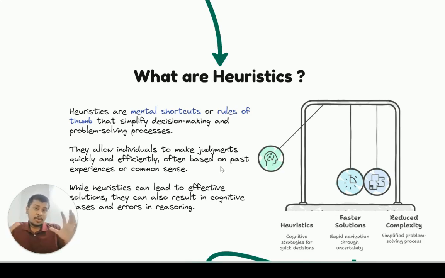They simplify the whole process by coming up with an intuitive gut feeling with the knowledge that they've gathered from their past experience. This is exactly what heuristics is. So using this technique, you'll be able to make decisions faster, and you can even approach or face a complex problem with a limited data set with this kind of approach.